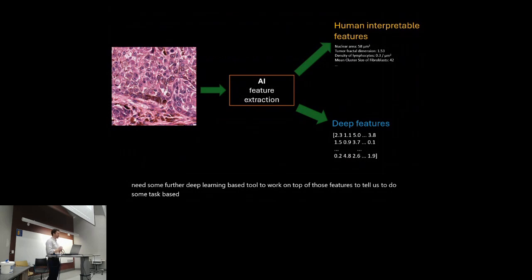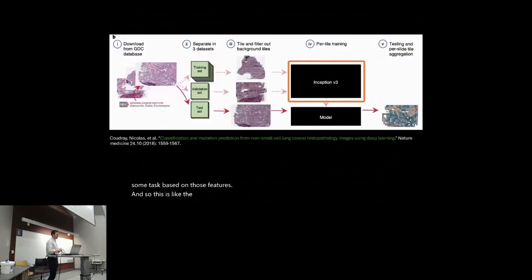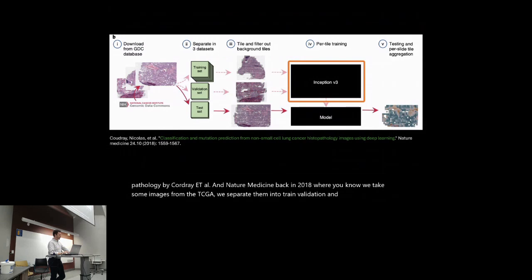And so this is the prototypical work here, a seminal work in computational pathology by Coudray et al. in Nature Medicine back in 2018, where we take some images from the TCGA, we separate them into train, validation, and test. We take those big images, we split them up into little patches, and then for each patch, we extract some deep learning-based features.